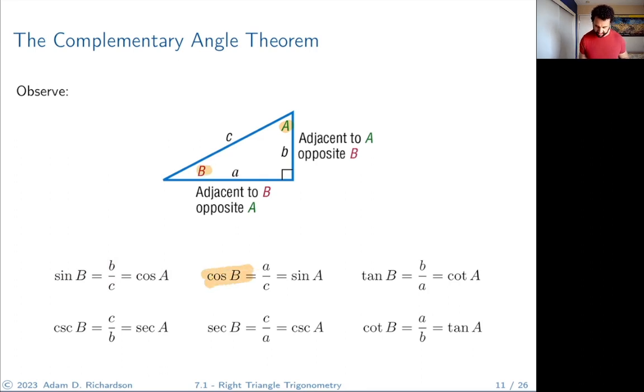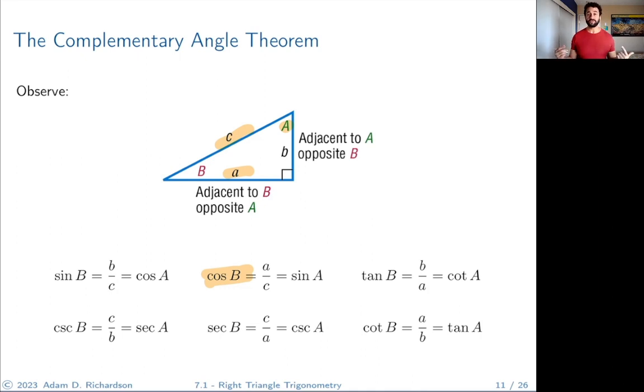Cosine of B is adjacent over hypotenuse, so that's this over this. But if we now shift our focus to the angle A, now we're looking at opposite over hypotenuse. But that's the sine, that's sine of A. So cosine of the angle B is equal to sine of the angle A, and so you get this relationship here.